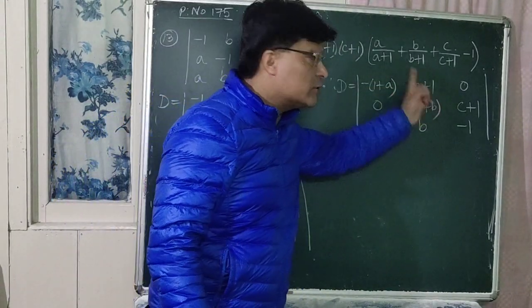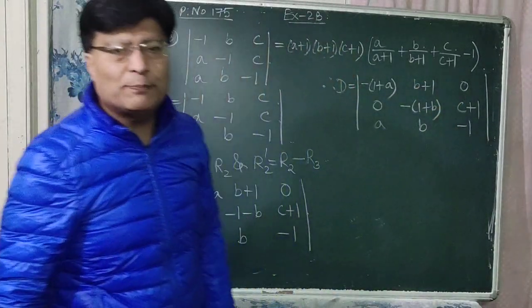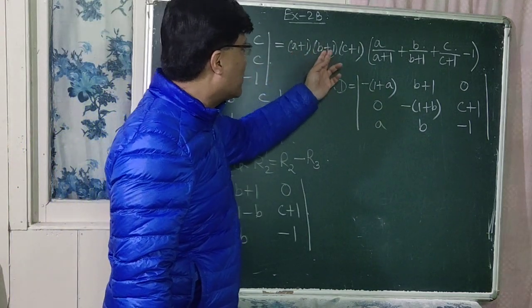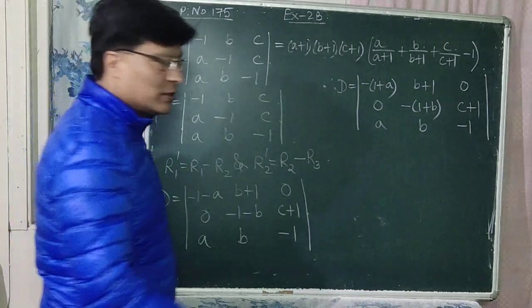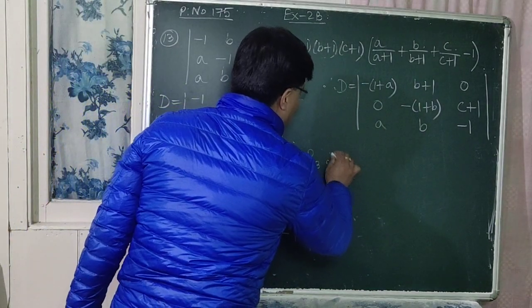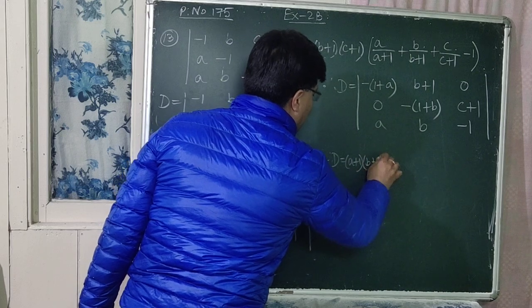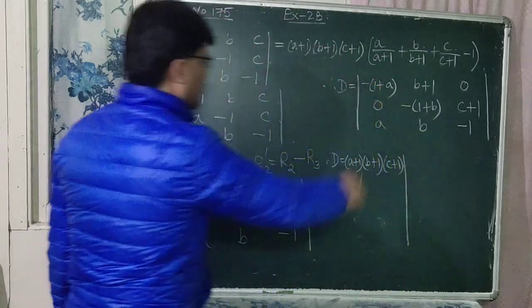In the second column also you take B plus 1 common, and in the third column also you take C plus 1 as common. So that we can have A plus 1, B plus 1 and C plus 1 as three factors. Therefore D is equal to A plus 1, B plus 1, C plus 1, right?